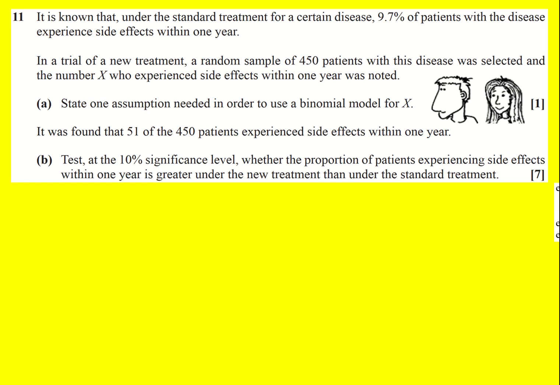Right, first thing we do is we create a null hypothesis. And that is to say that the treatment's exactly the same. You don't need to write null hypothesis, we use H0 for that. And it's going to be P is equal to 9.7% or 0.097. Now, you do need to say what this P represents.